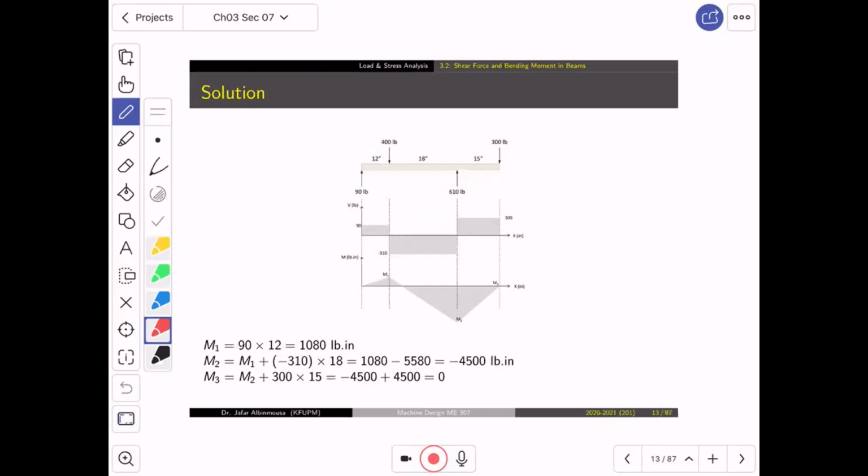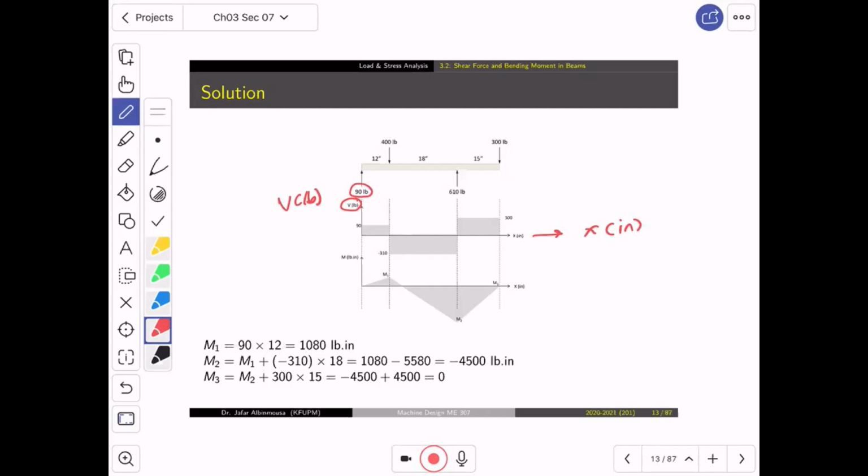We start with the shear force diagram. To develop the shear force diagram, first, this is the shear force, V in pounds. This is X in inches. That's number one.